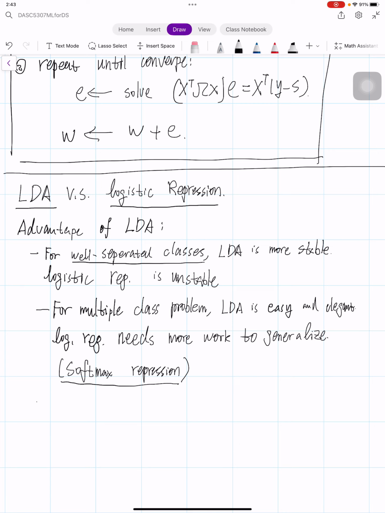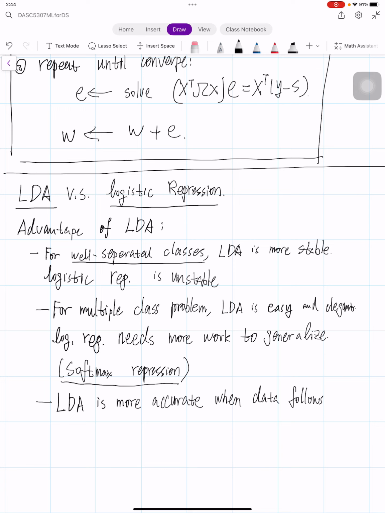The last one is that LDA is slightly more accurate. It gives you more accurate classification if the data follows a normal distribution, because it's also called Gaussian discriminant analysis, right?